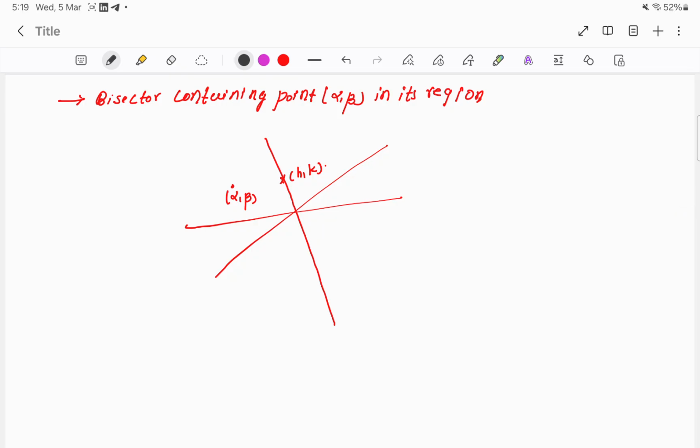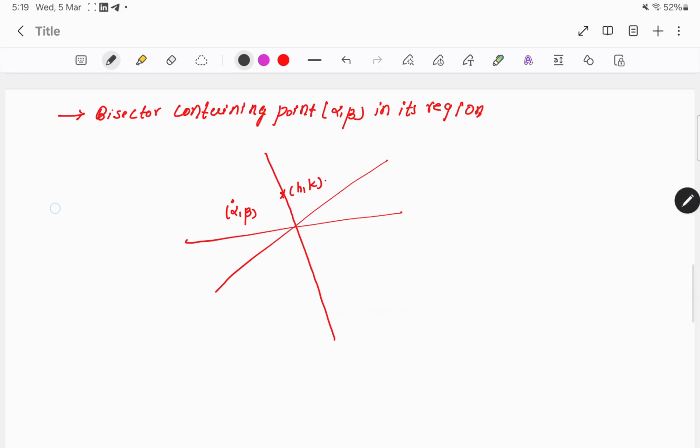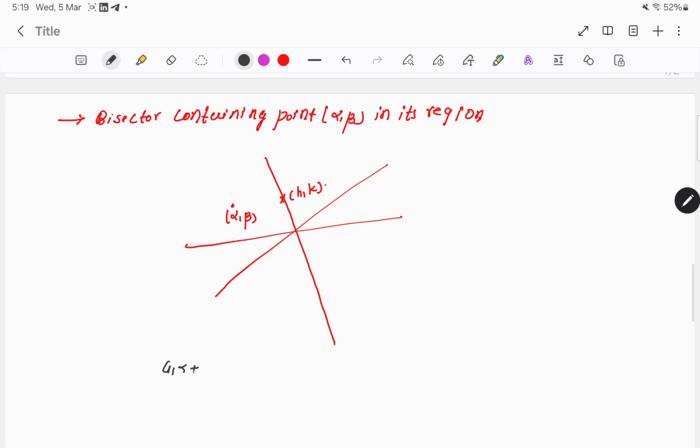So here one simple concept is there: (A1 alpha plus B1 beta plus C1) into (A2 alpha plus B2 beta plus C2) and (A1 H plus B1 K plus C1) into (A2 H plus B2 K plus C2) should be greater than 0.